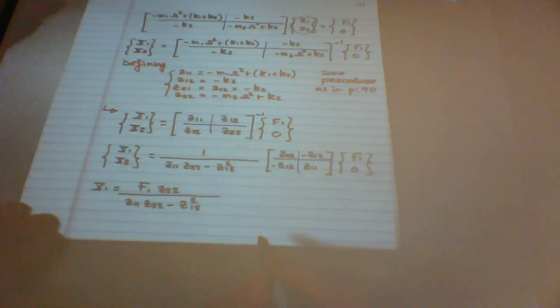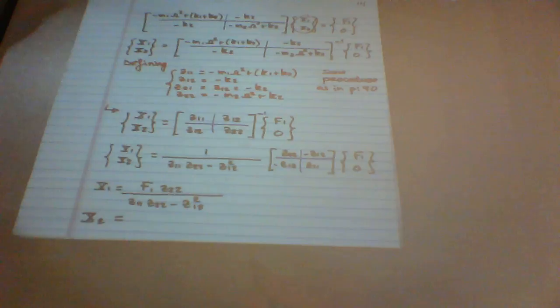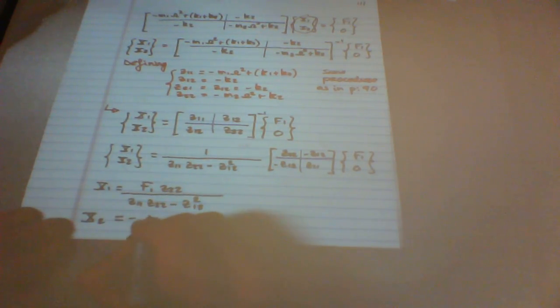And x2 would be equal to negative F1 Z12 over the whole denominator.